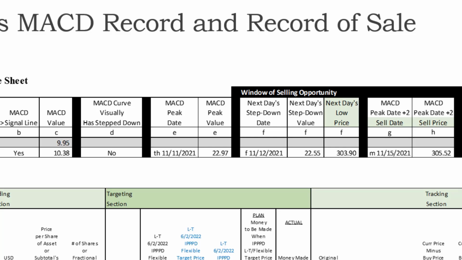G. Enter the date of the following stock market business day. The MACD peak date +2, Monday, November 15th, 2021. This will be the sell date when a limit order at open will be placed at the low price of the prior day, $303.90.